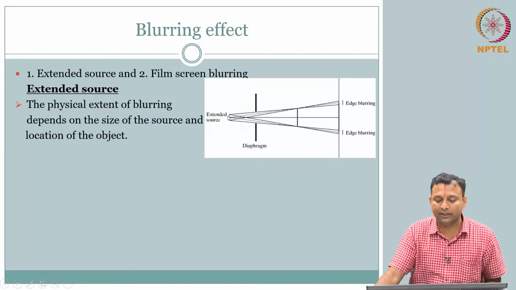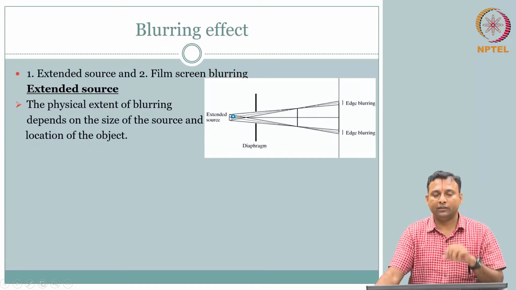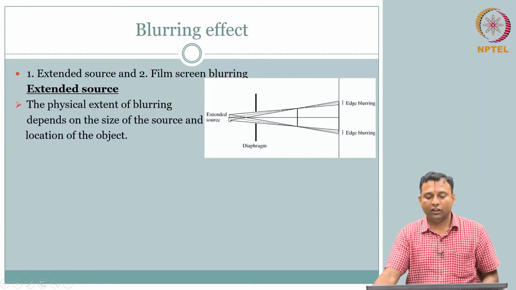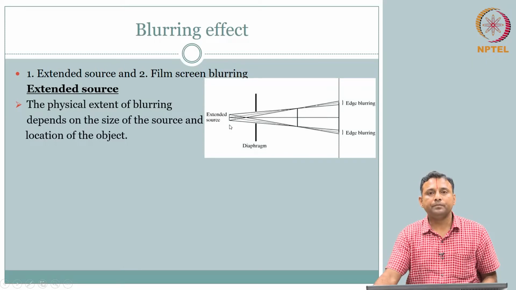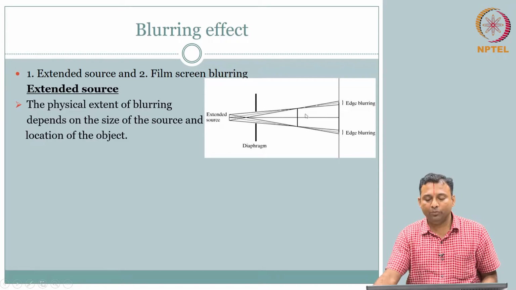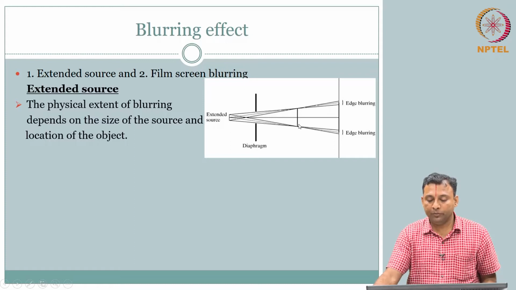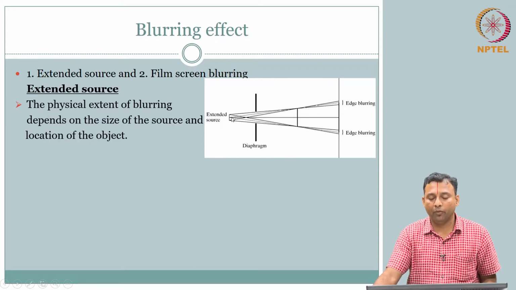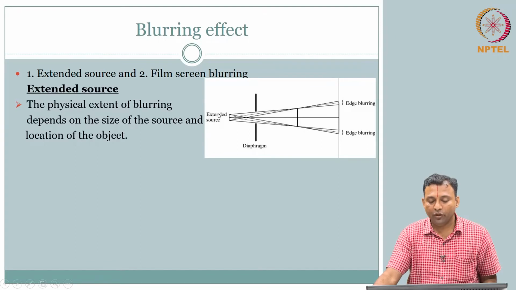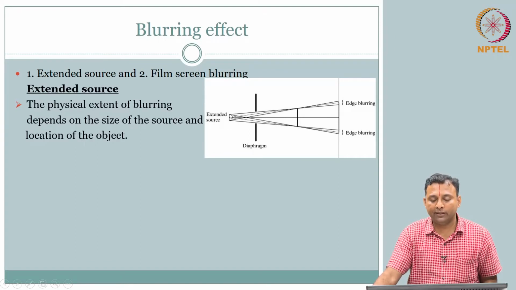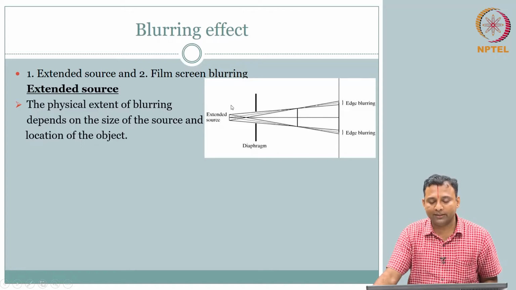Extended source means, in this example, just because we are projecting it, instead of a point I have a line. I am interested in the case where I have an object, this is my object. Instead of the object being hit by a point source that is diverging, when you have an extended source, the source is not a point, it is extending in one direction.